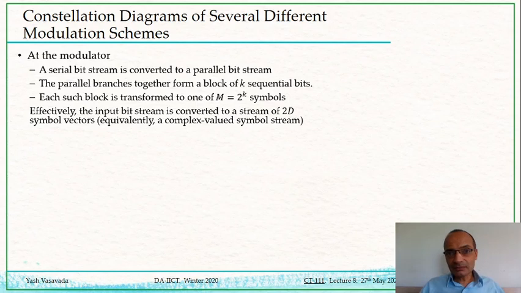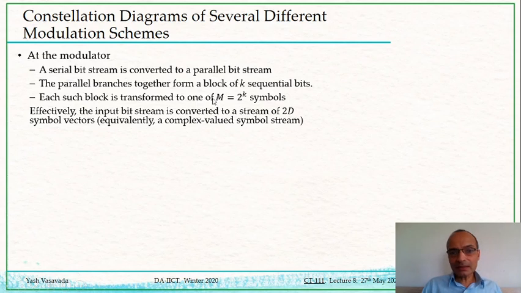There is some sequence of bits that are coming at the input to the modulator, and this is a time domain sequence. So one bit is after the next, and so on. The modulator takes that sequential serial bit stream and converts it into a parallel bit stream. There are a total of small k such parallel branches, where 2 to the power k becomes the M, the order of the modulation scheme.